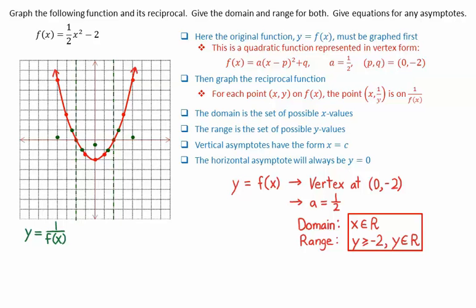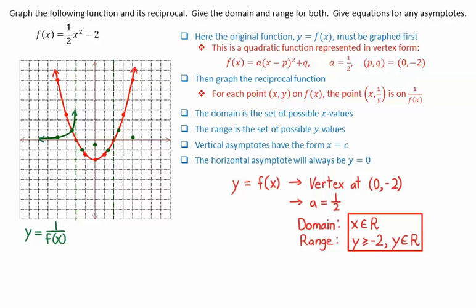Here we have 3 different segments separated by the 2 vertical asymptotes. To the left of the first asymptote at x equals -2, we make sure that we go through all of the points and that we approach the vertical asymptote. Then we have the segment in between the two vertical asymptotes.